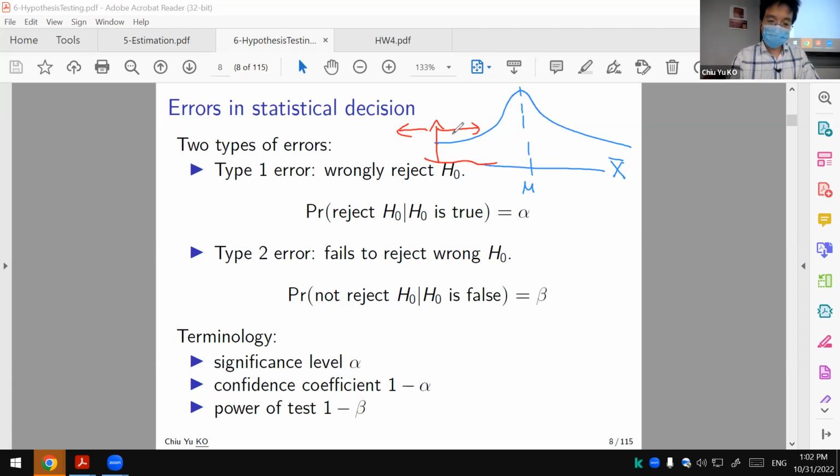Okay, and the notation is called alpha. This alpha indeed is the level we are willing to accept. This is something directly chosen by us. Okay, we choose this alpha. The reason is because this X bar is here, right? We are going to choose what is the distance I would think is large enough, right?